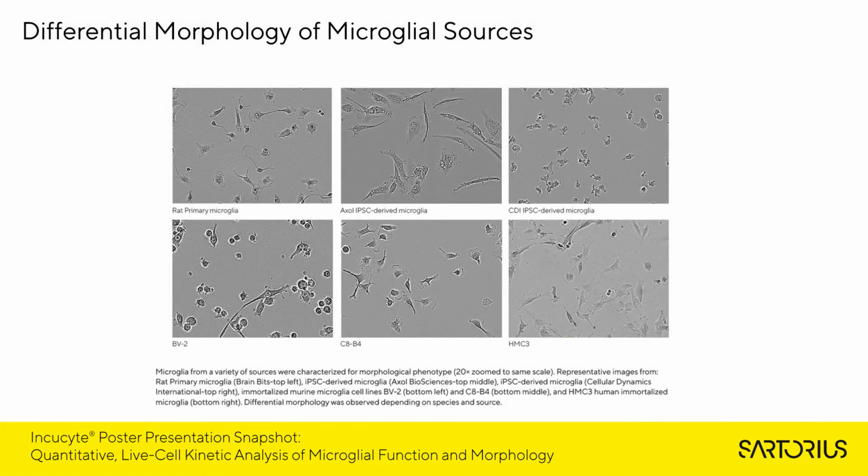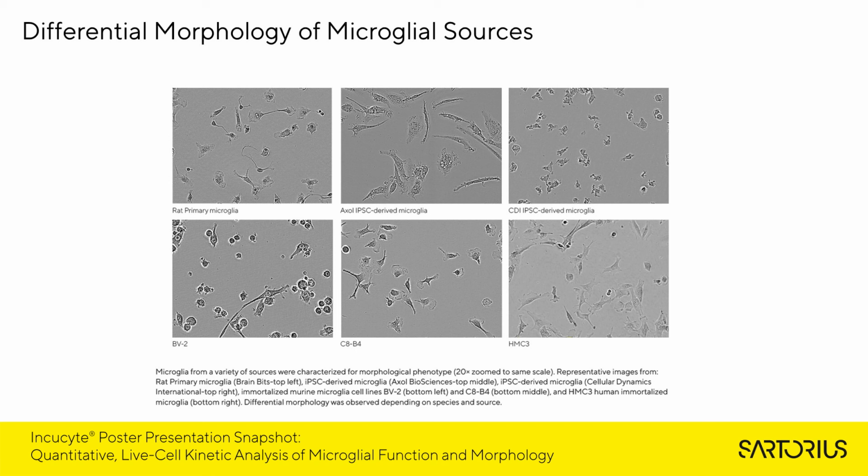Now we'll look at the other benefit of the Incucyte live cell imaging system, which is looking at the images of the live cells. So here, we're looking at a variety of different microglial cell lines, and in testing these, one of the things that was striking was the vast difference in morphology that we saw in these lines. Now, you would expect that these are all microglial lines in some way or another, that they would have similar morphologies. However, that was not the case.